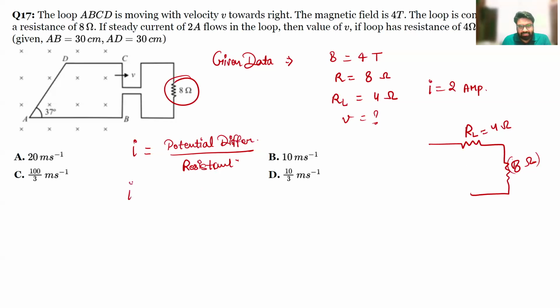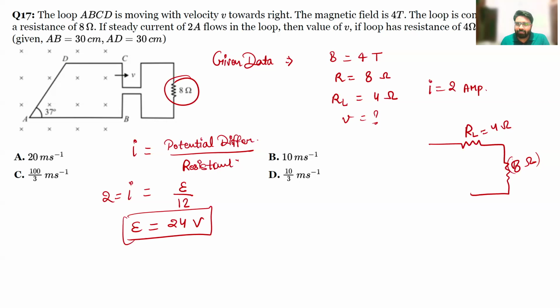The total resistance is 4 plus 8, which is 12. Potential difference we do not know, so we assume it as E. E divided by 12 equals current, which is given as 2 ampere. From this equation, the EMF induced due to which this current is flowing is 24 volt.